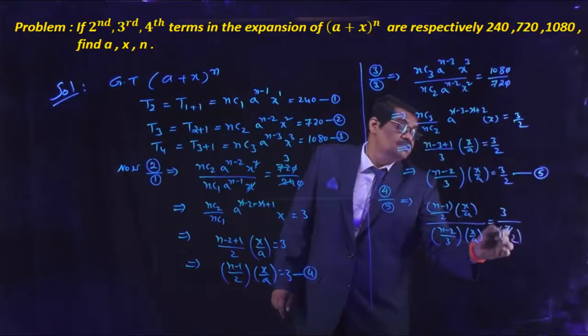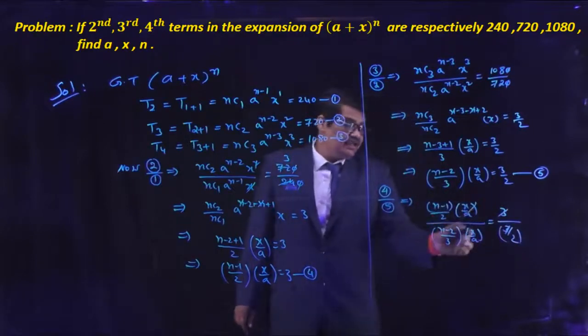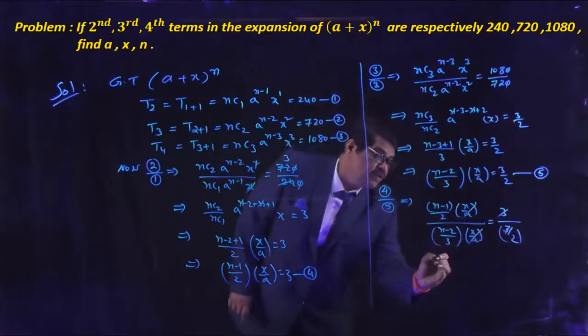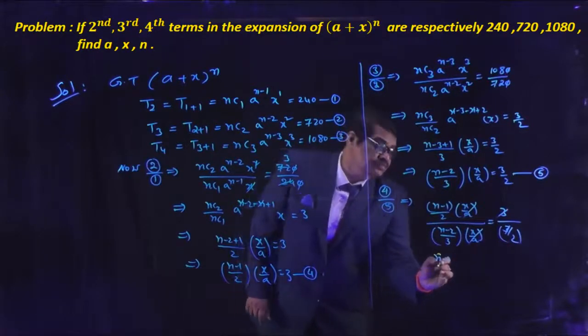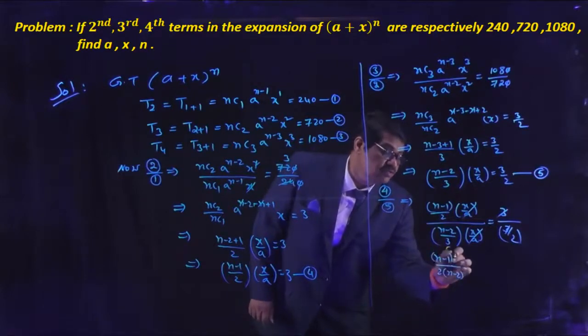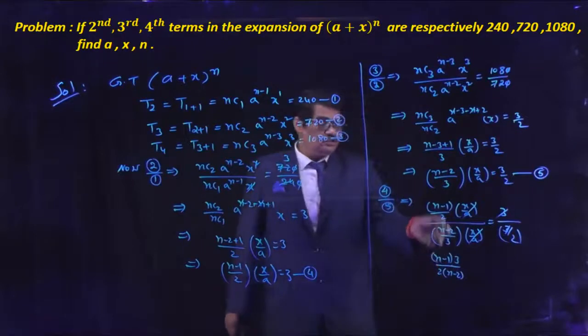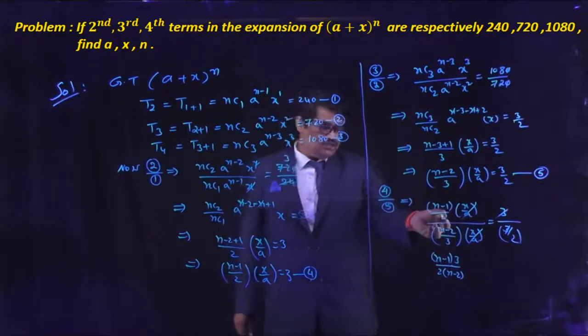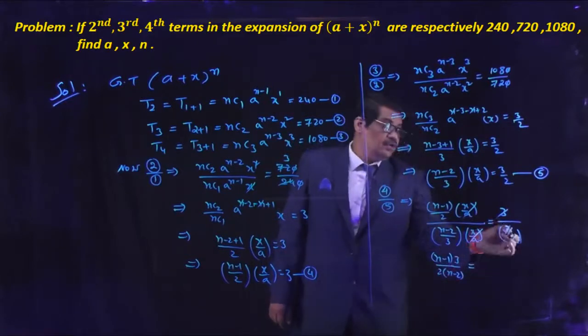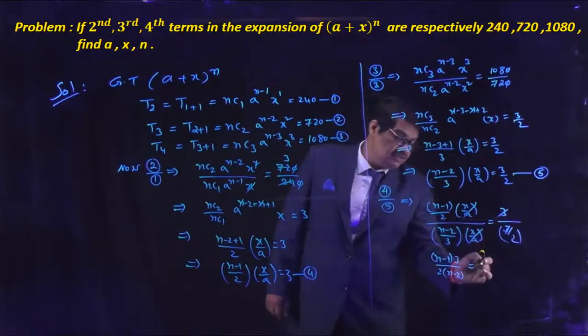So this 3 will be cancelled and x by a will be cancelled. Now (n minus 1) by 2 moves to the denominator, into (n minus 2); 3 moves to the numerator and this 2 comes to the denominator. That is equal to, here 1 by 1 by 2 becomes 2.